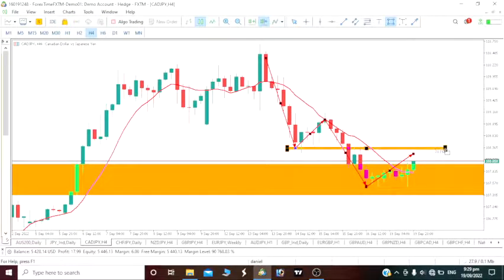Let's see if the price will break above 108.365, or when the price gets to 108.630, then we can enter to go long on this CADJPY. Exactly where I am aiming to enter long on this CADJPY is 108.630.